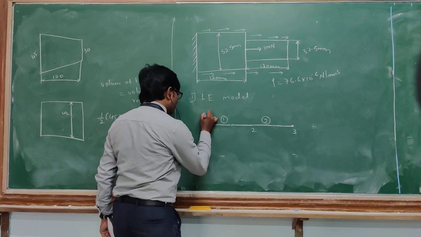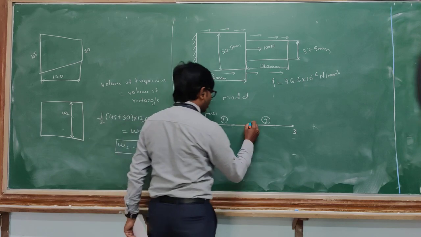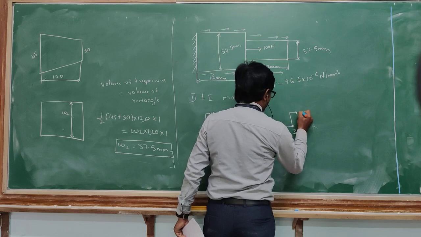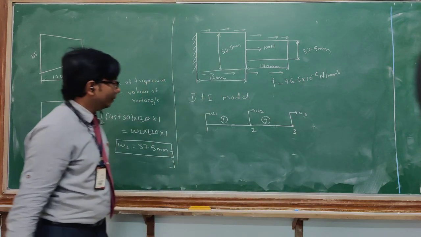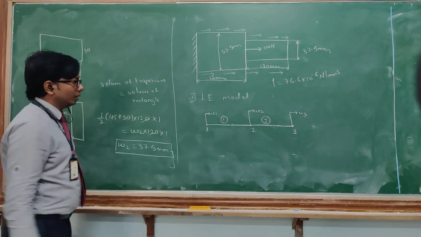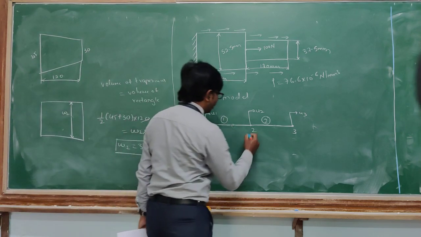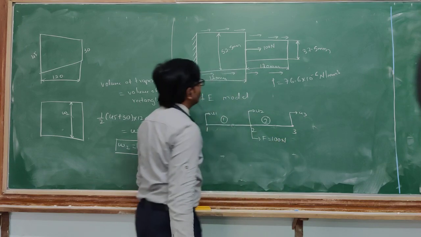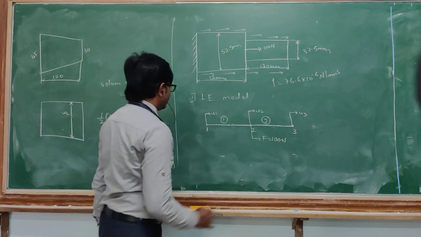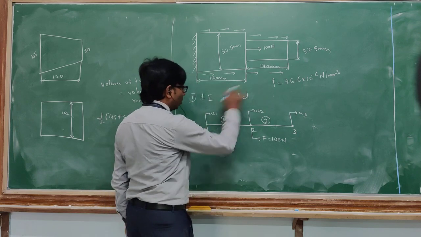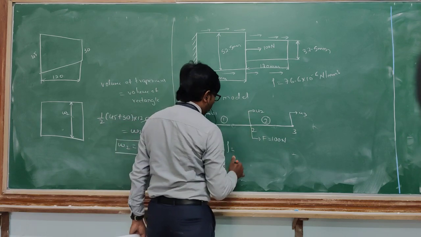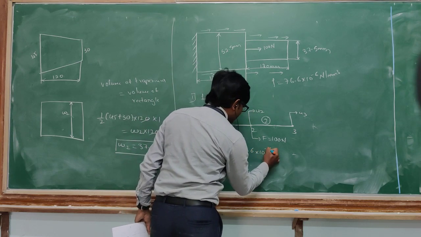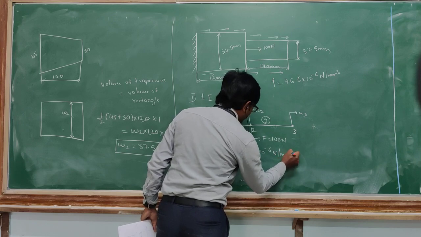So what are the possible displacements you will get? You will get U1 here, U2 here, U3 here. So what are the boundary conditions you have? You have a force of 100 Newton, which is a point load, and then there is a body force acting over the volume of 76.6 into 10 to the power minus 6 Newton per mm cube.